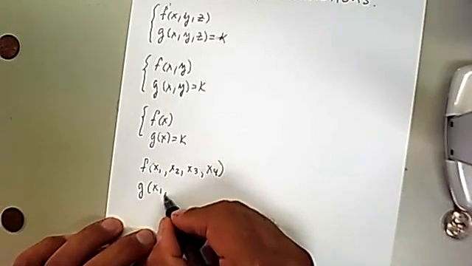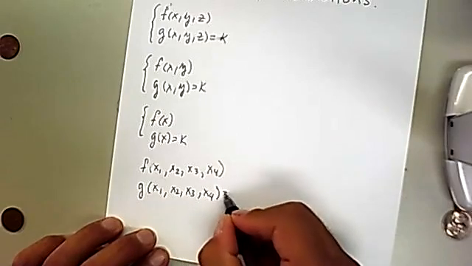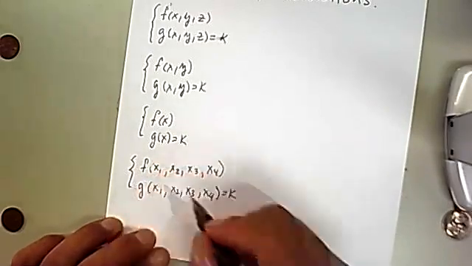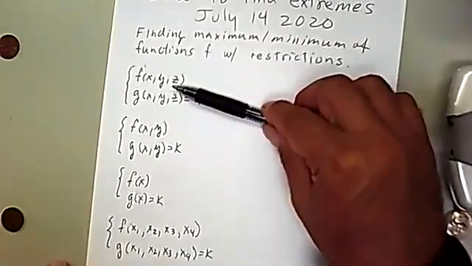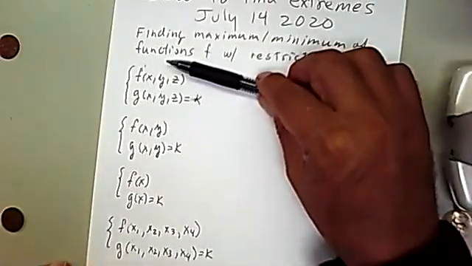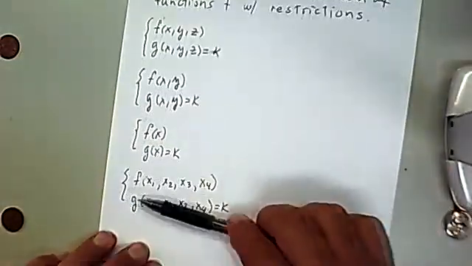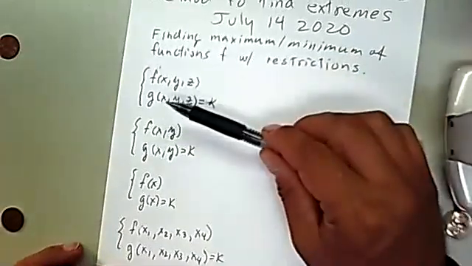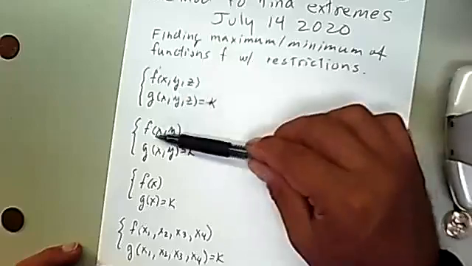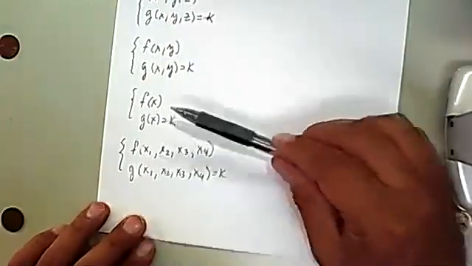So g of x1, x2, x3, x4 equals some kind of constant. So again, this is a progression, 1 variable, 2 variables, 3 variables. In the same progression, going up the same way, this should be squeezed up here. But I want us to start with 3s because most of the time you're going to do those 2. It's going to be rare that we're going to be working in class with that restriction.